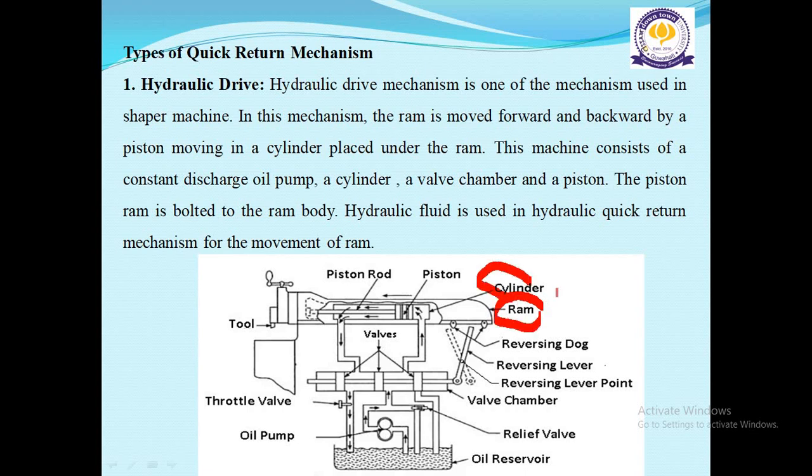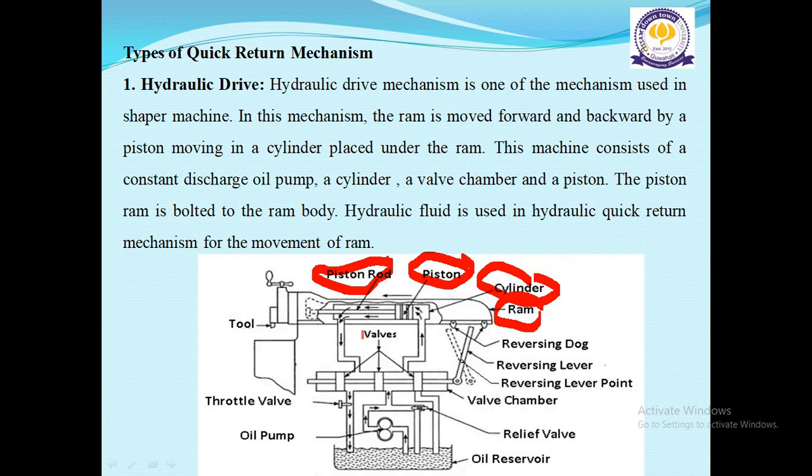This is the cylinder, this is the piston, and here is the piston rod. Here you can see the arrow marks in the figure. So it is the piston rod, piston here, cylinder here, and this whole thing is the ram. The machine consists of a constant discharge oil pump, a cylinder, a valve chamber, and a piston.